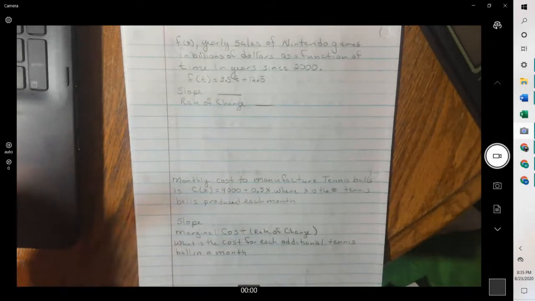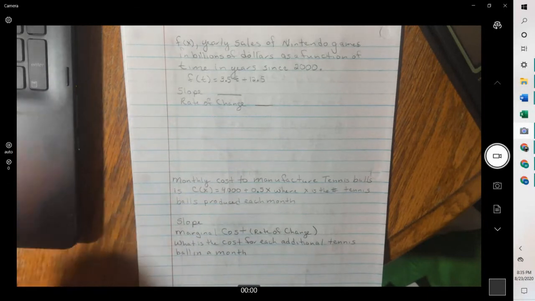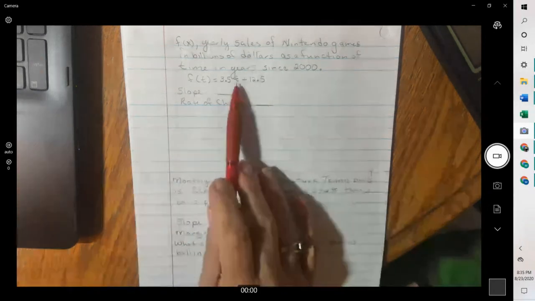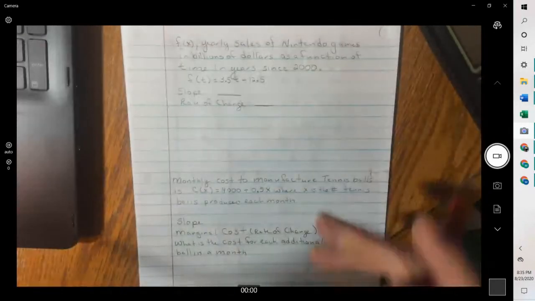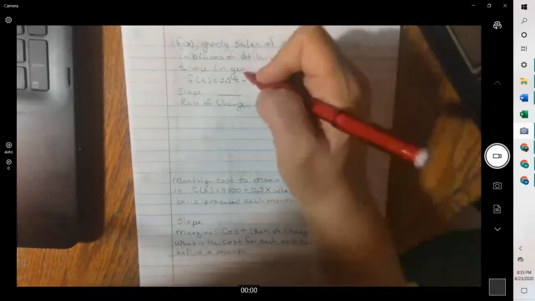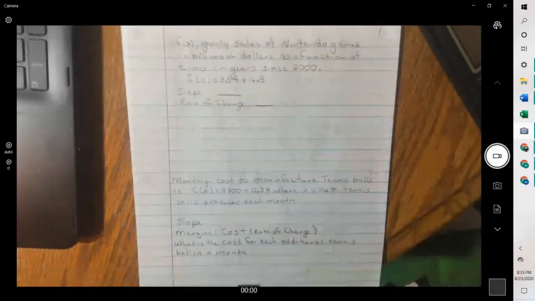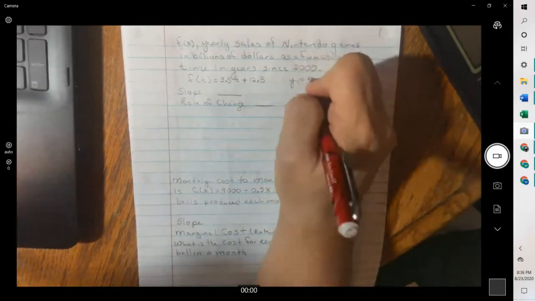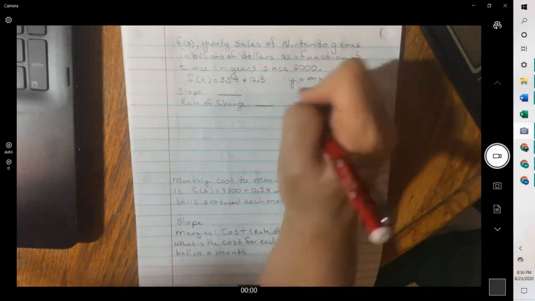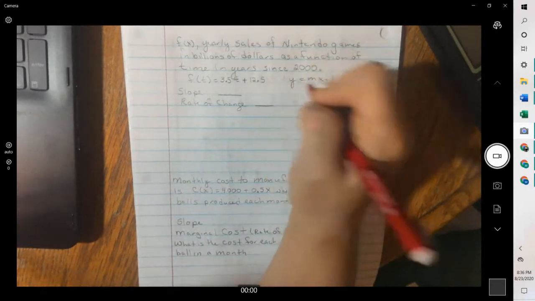But our slope, remember y equals mx plus b. If we look at the equation, f of t equals 3.5t, I think it's a plus 12.5. We're not plugging values in, so it doesn't matter. But remember, it's y equals mx plus b, and y is the same as f of x.